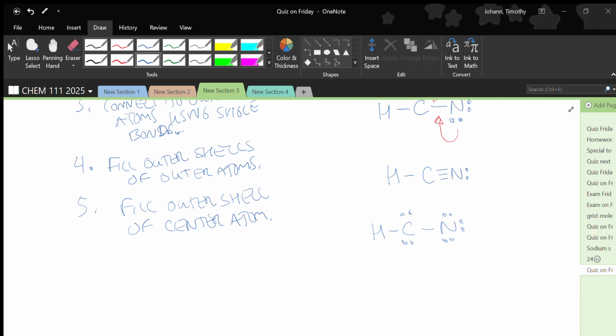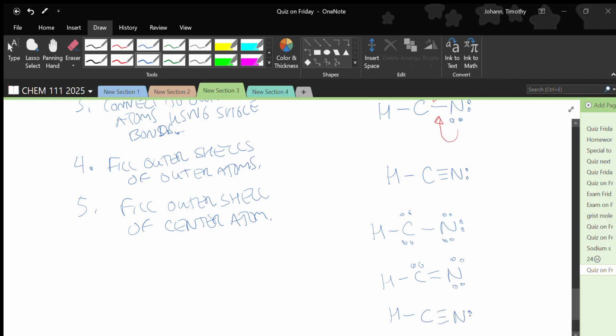So then I'd go, oh, well, I've got too many, so let me make another bond. And then I'd draw this, and I'd find out I still had too many, 2 electrons now instead of 4 too many. And then I would draw this, and I'd be okay. All right, you can decide which of those you like, what works best for you.